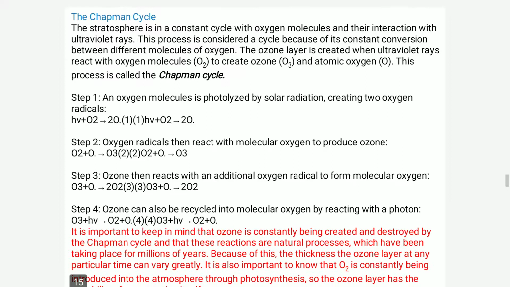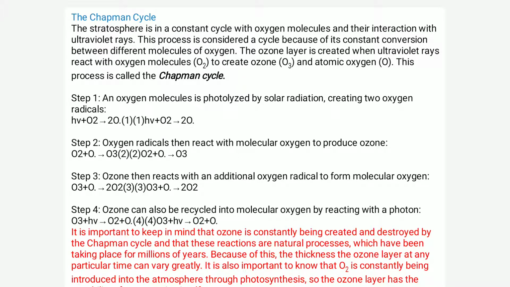So we have the Chapman cycle, which is nothing but the formation of the ozone molecule, which occurs naturally. The stratosphere is a constant cycle of oxygen molecules and their interaction with the ultraviolet rays. We consider it a cycle because it's a constant conversion between different molecules of oxygen.